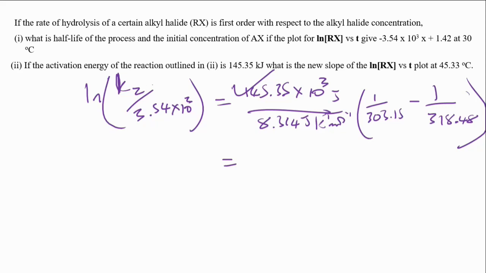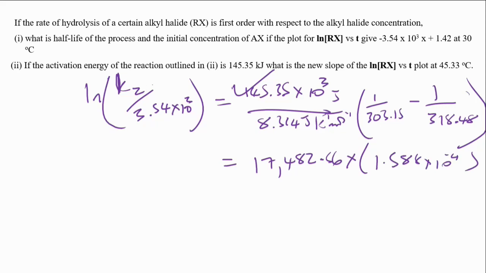So for this part here, this is what I have: 17,482.56, times now the working out of inside the brackets. Okay, so this is what I have.